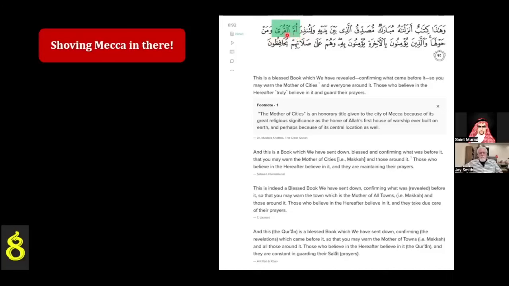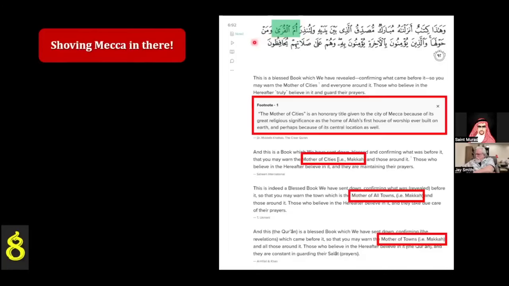Two words, mother of settlements. Mother of settlements. Now, what are these people doing here, these translators? Here, the clear Quran just keeps it as mother of cities, but then he has to shove in this footnote, and he says this is an honorary title given to Mecca.